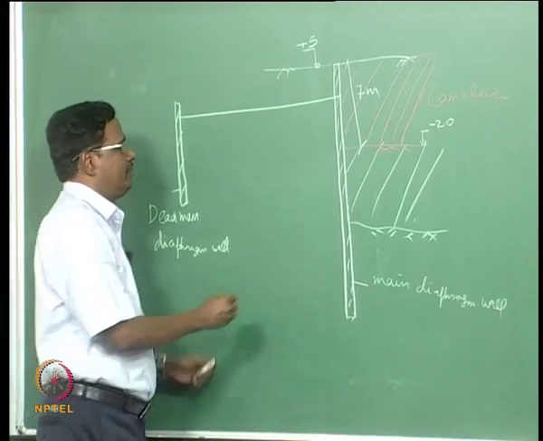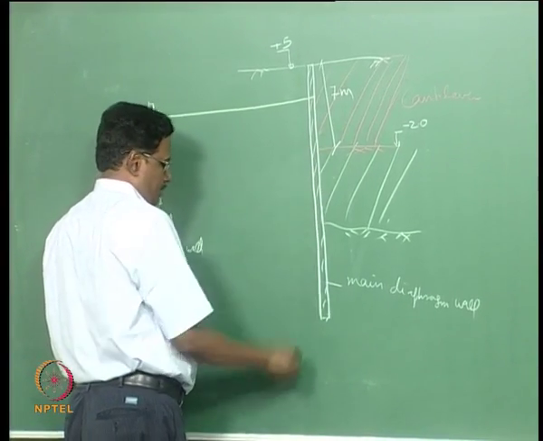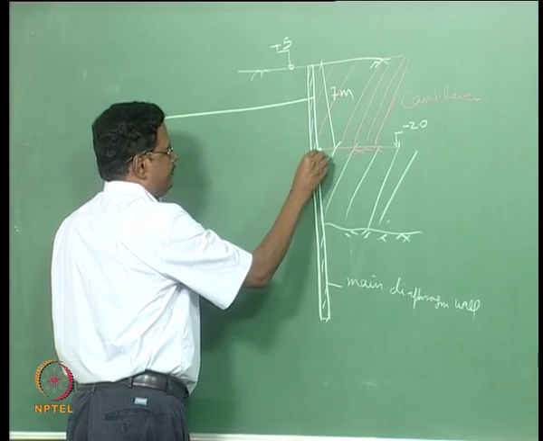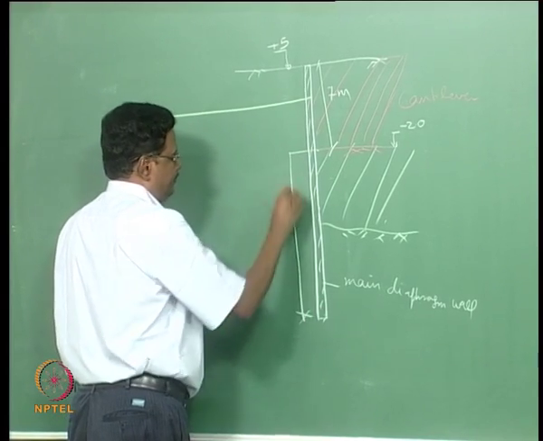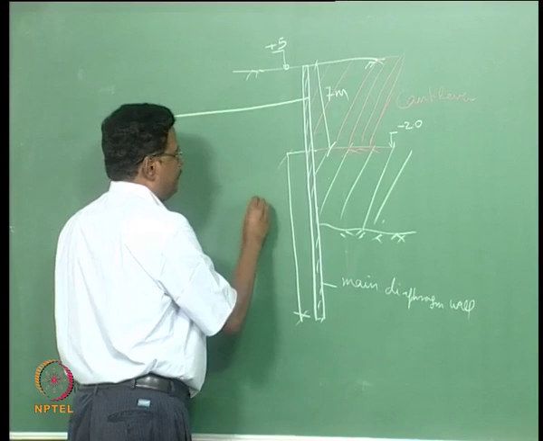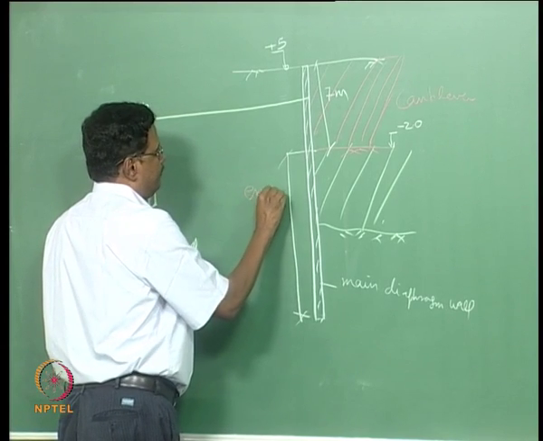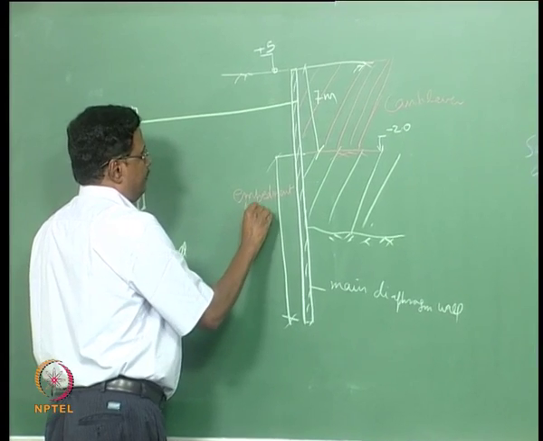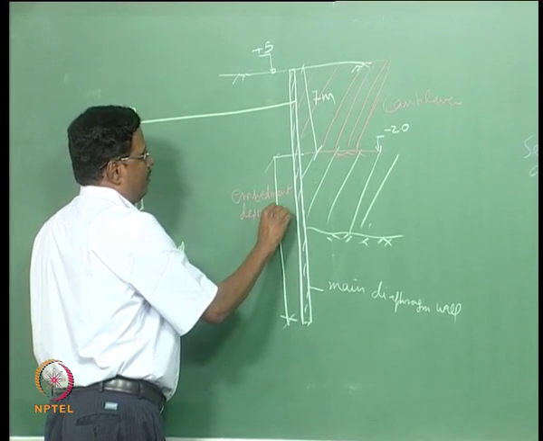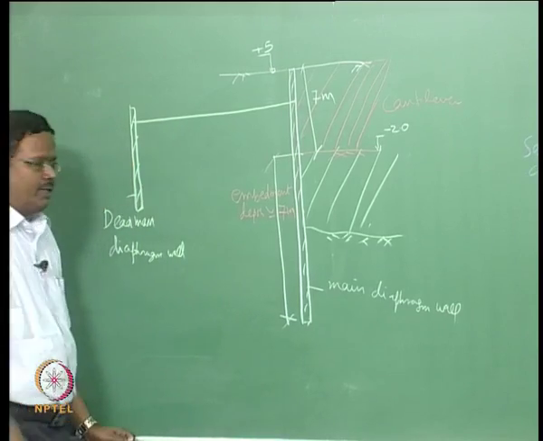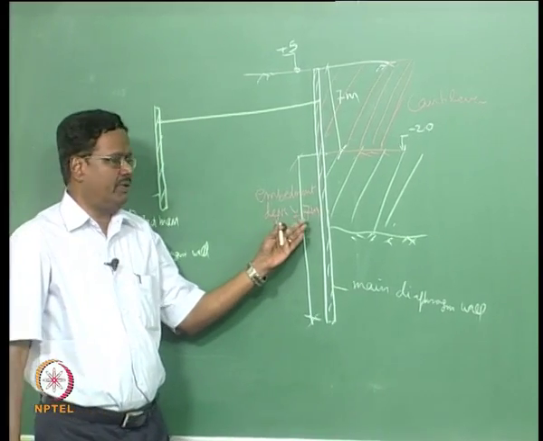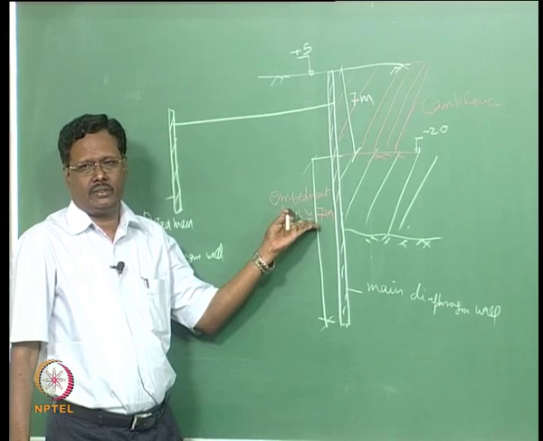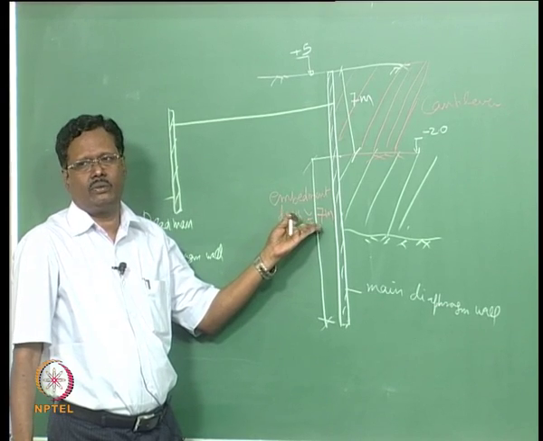This embedment depth is approximately equal to 7 meter for medium type soil. If it is a very good soil, you can take 75% of this, but you have to do the calculation. I will tell how to do the calculation later.